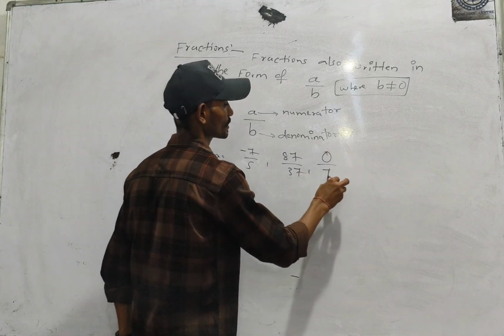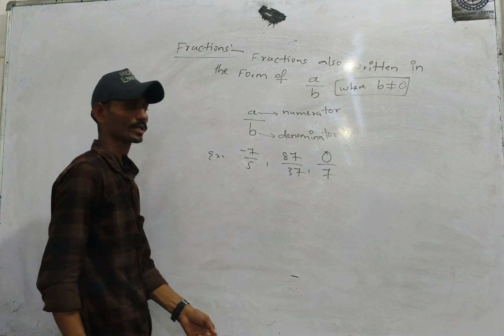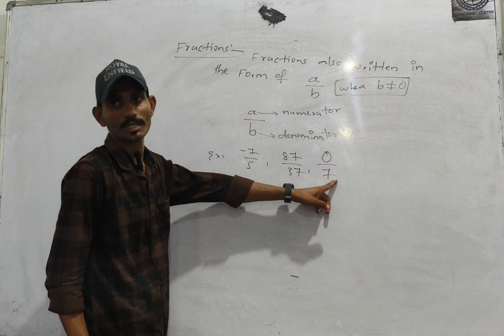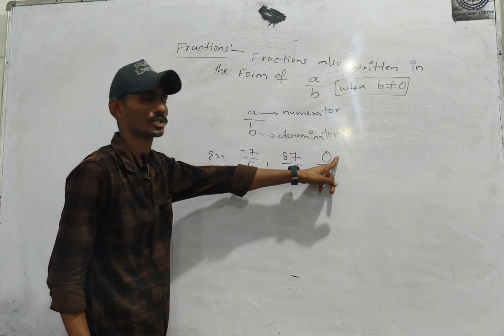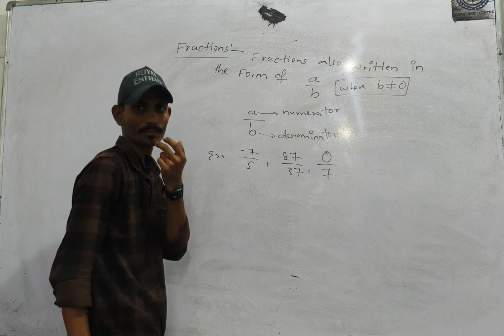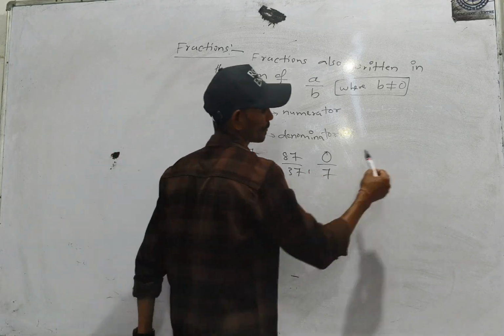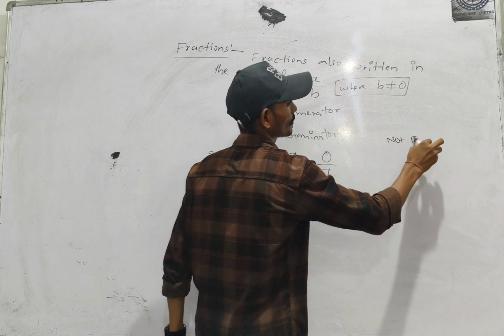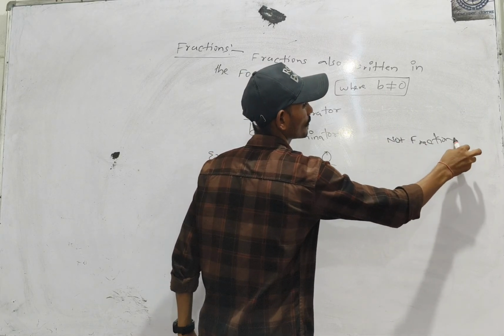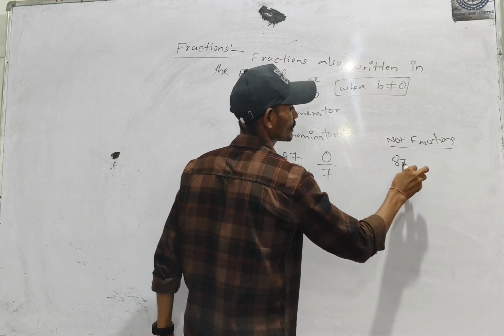And 0 by 7, there the denominator has some value, but the numerator is 0. An example of a non-fraction is 87 by 0.